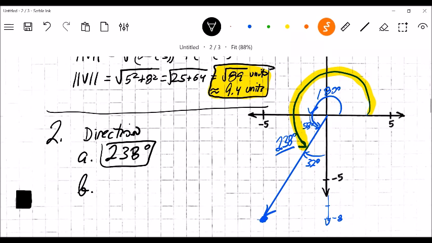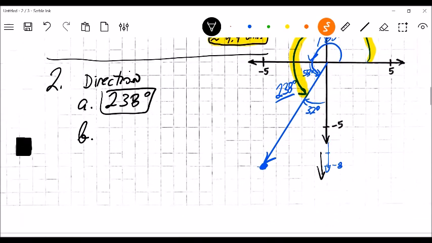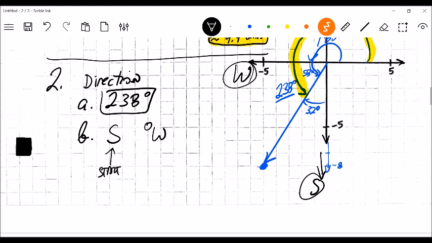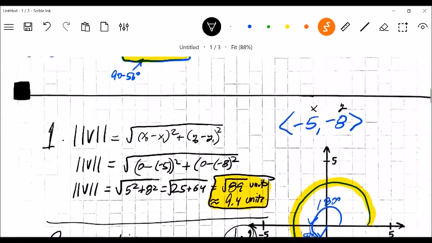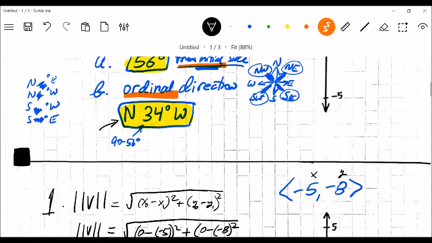But for B, we need to identify that this is south and that this is west. So we have south and west that we're in, and we need the angle in between. That angle, you always start with south, just like with the north one up here, we started with the north.